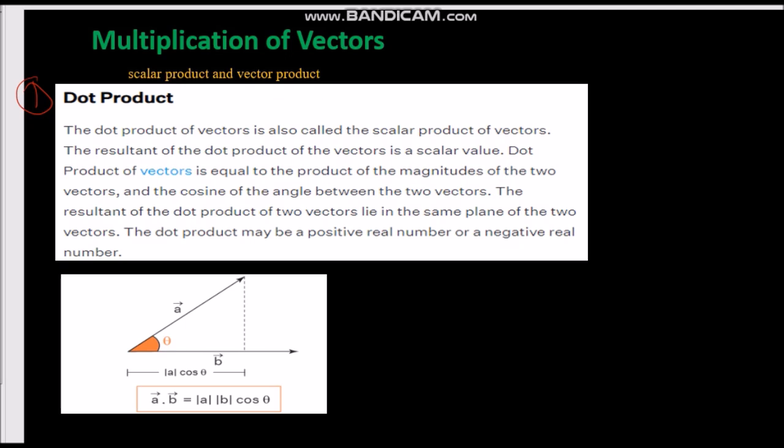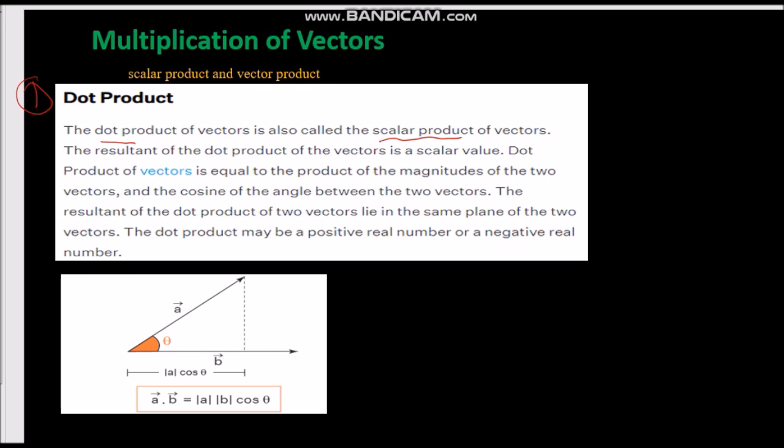The scalar product we call the dot product. The resultant of the dot product of vectors is a scalar value. The dot product of vectors is equal to the product of the magnitudes of the two vectors and the cosine of the angle between the two vectors.